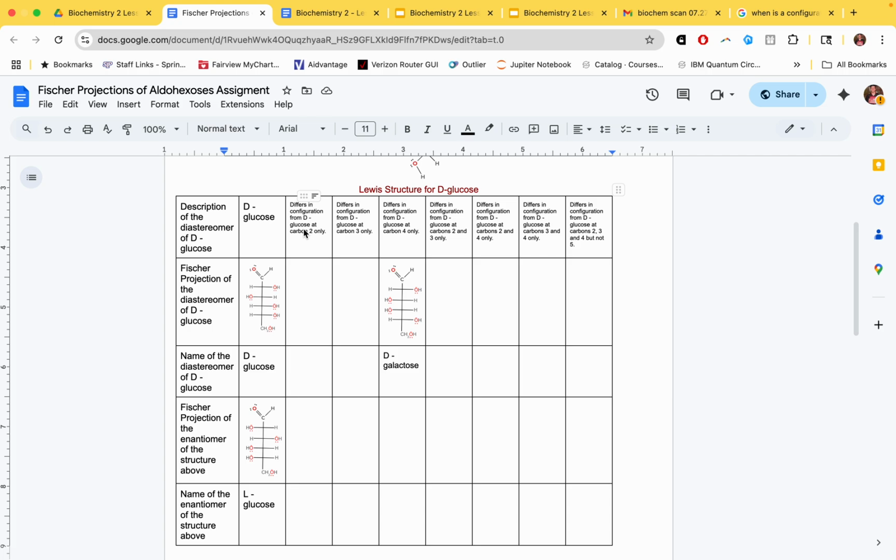And then if you look up here, this tells you which diastereomer of D-glucose I want you to draw. So here it differs at carbon 2 only, differs at carbon 3 only. For this one, differs at carbon 4 only. We did that in the assignment. So it's the diastereomer where it differs only at carbon 4. And that one we said was called D-galactose.